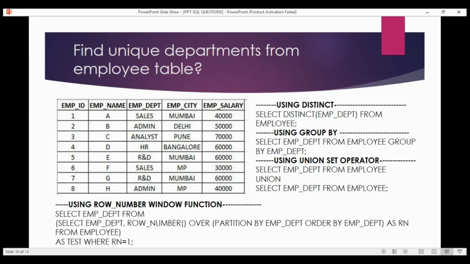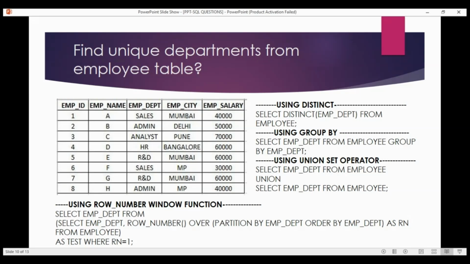So to retrieve unique records, we can use different functions like distinct clause, group by clause, or they can ask you to use union set operator to retrieve unique records, or how we can use row number window function to retrieve unique records. We will see how all these functions can be used to retrieve unique records.